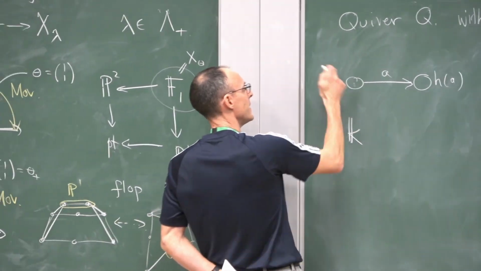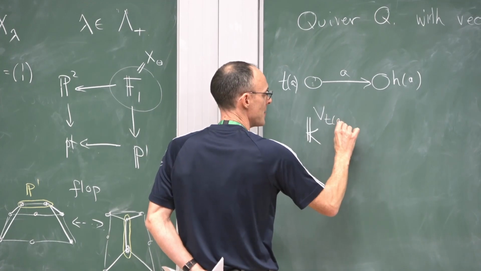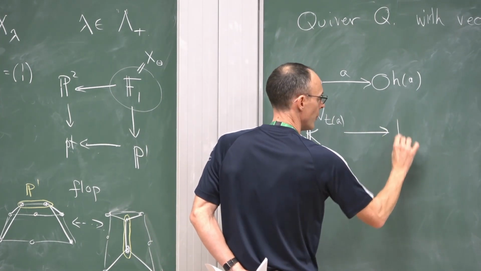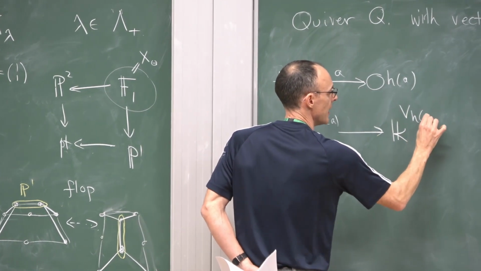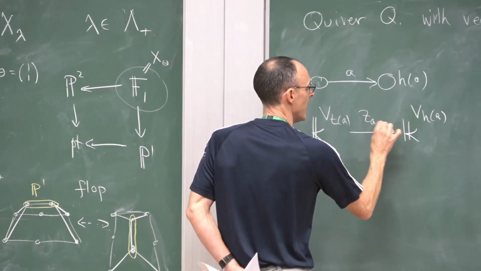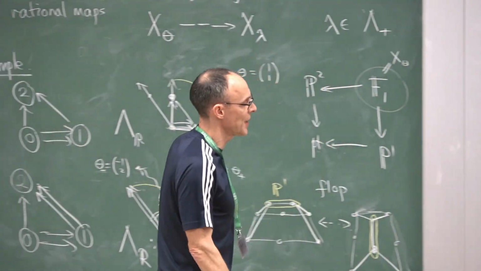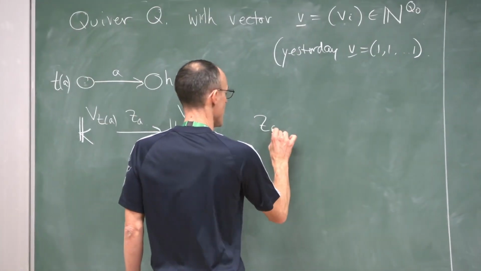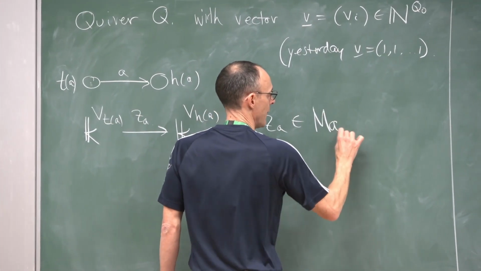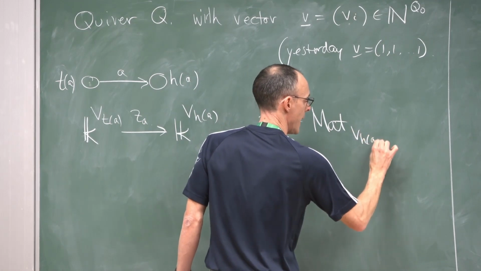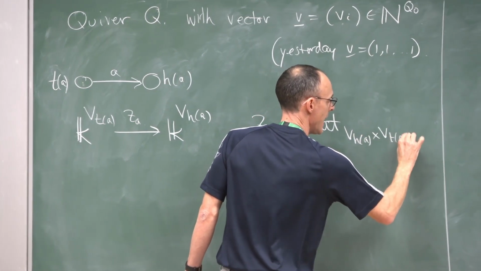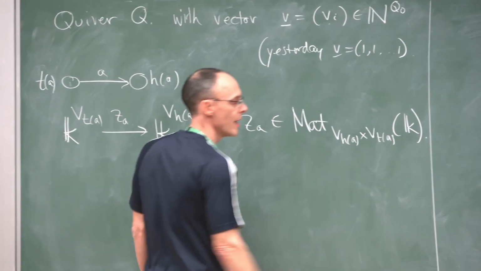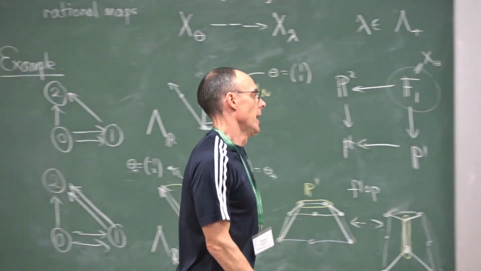So the vertex is indexed by the tail, so it's K to the V indexed by the tail of A, mapping to K to the V indexed at the head. So yesterday, the z sub A's were scalars, and now they're matrices. So for every arrow, I have a V head of A cross V tail of A matrix with coefficients in K.